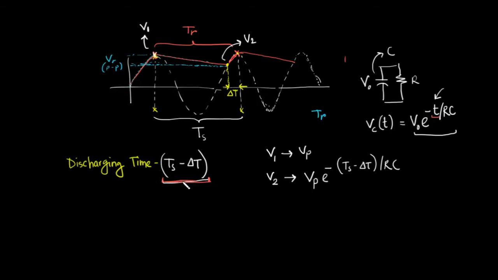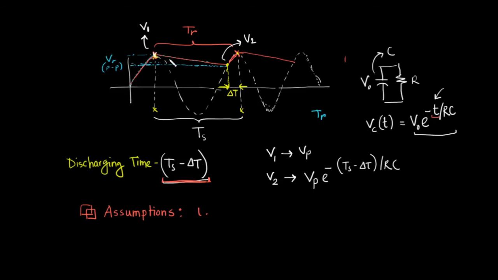Okay, now we will have to make some engineering assumptions to arrive at the final expression. So note these assumptions carefully. The first assumption is, as you can see from this graph, that the value of delta T is very small compared to Ts. In general, we will choose a very big value of capacitor.